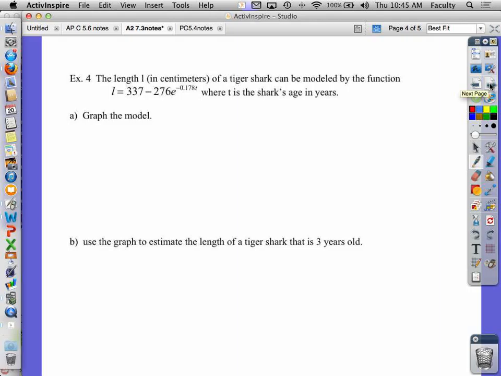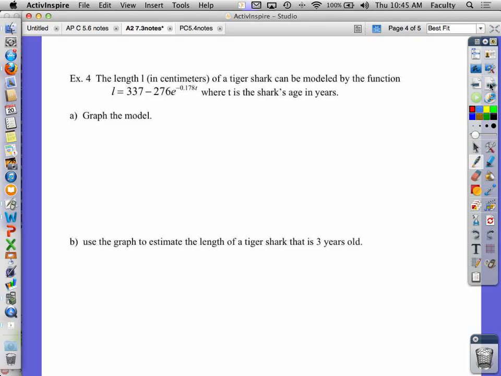Okay, because of time, we're going to skip the graph in example 4, but we're going to answer letter B. It says the length L in centimeters of a tiger shark can be modeled by this function. L equals 337 minus 276 e to the negative 0.178 t power, where t is the shark's age in years. Now on the homework, if you see a problem like this, we've been graphing where we say the standard table is -2 to 2.